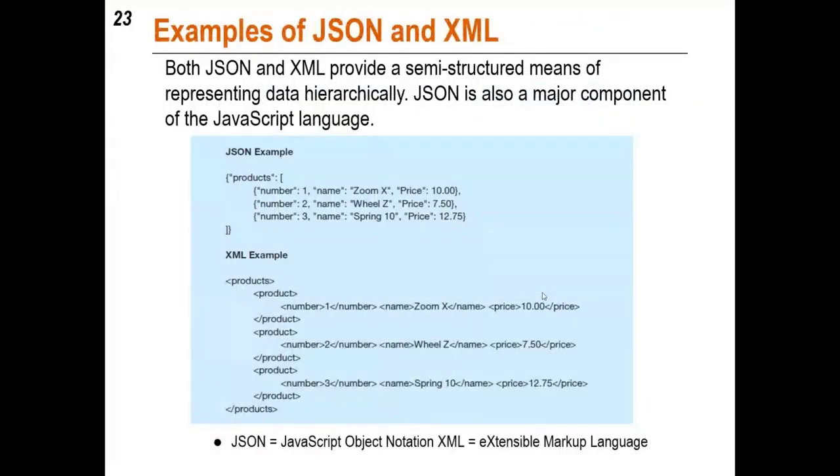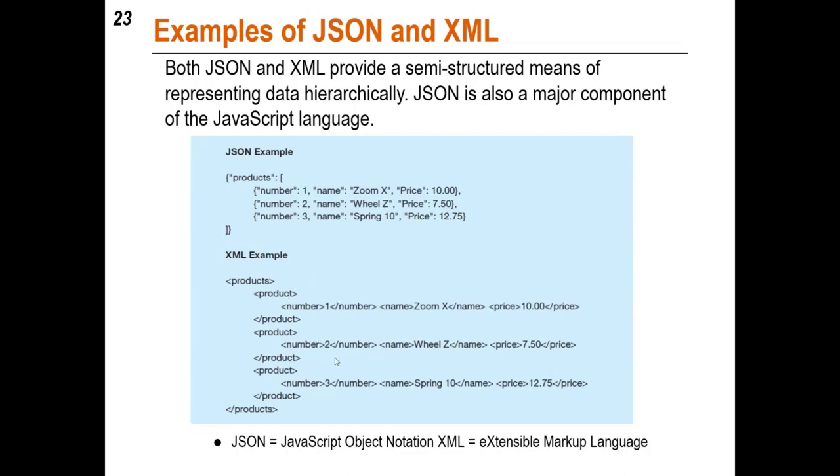I have given in this slide examples of JavaScript Object Notation, how we structure a piece of data using JSON, and XML, or extensible markup language. If you know a little bit of HTML, you may find XML familiar. So this is one way to record data.